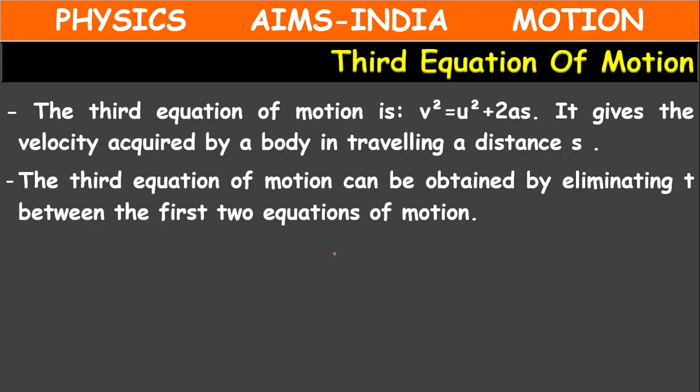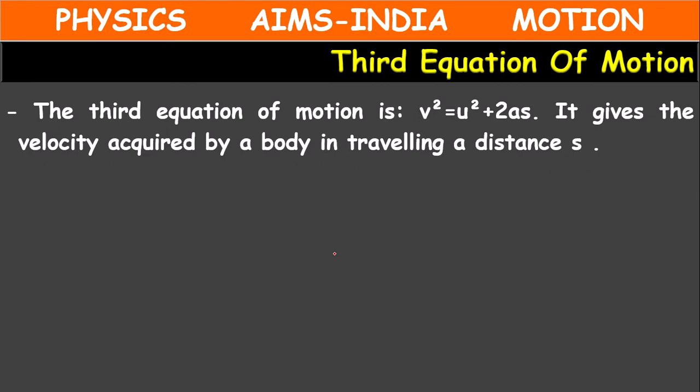Next, children, the third equation of motion. The third equation of motion is v square equal to u square plus 2as, or v square minus u square equal to 2as. So here t is missing.